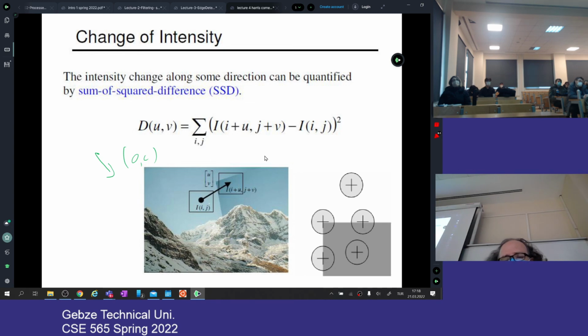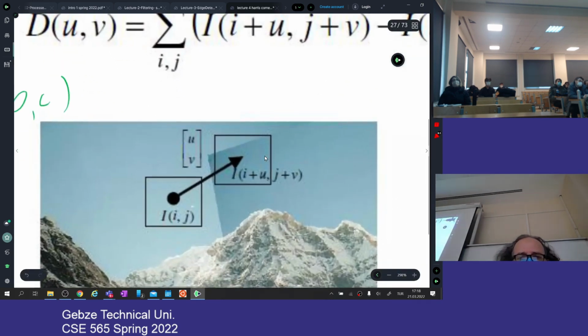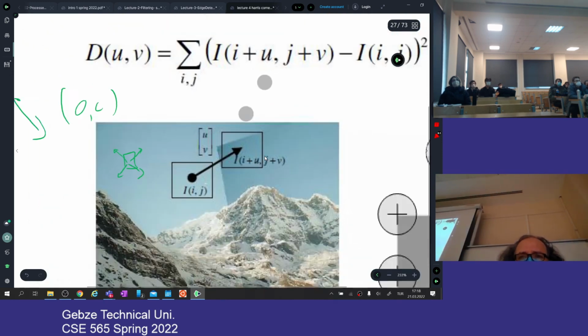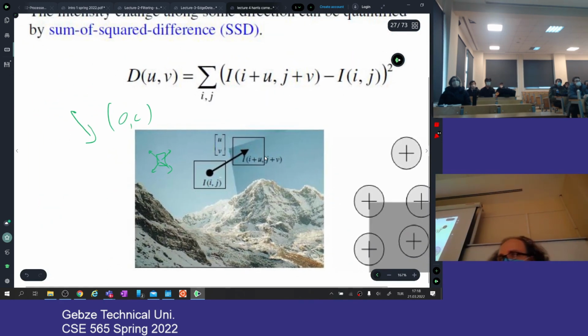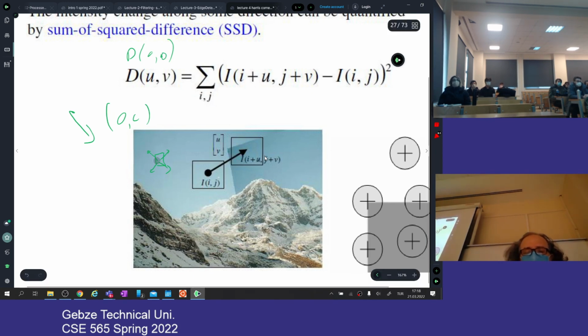If I am at this position, it doesn't matter where I move this window, the difference will always be 0, right? So D(0,0) should always be 0 because I didn't move anywhere. D(1,1) for this region is going to be 0. D(0,1) is going to be 0, and so on.